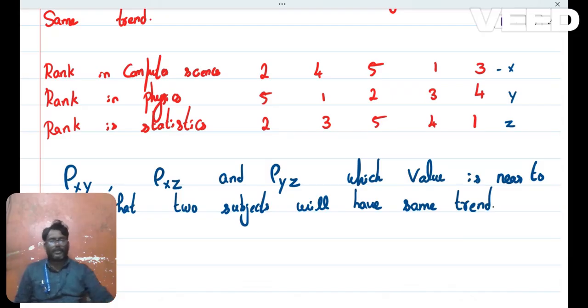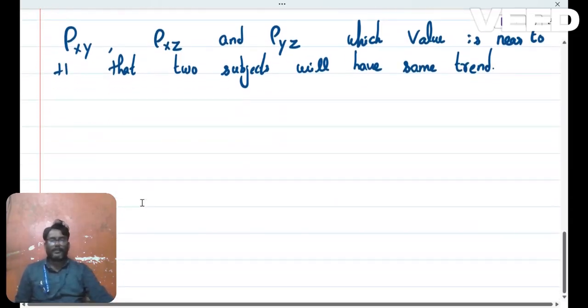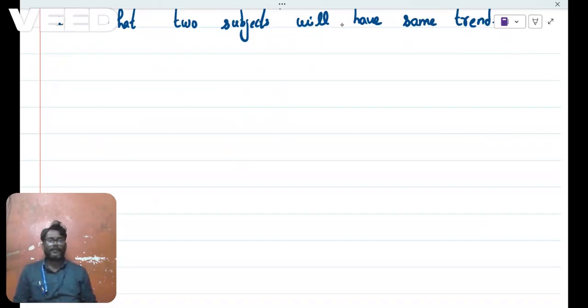Now we'll write it column wise. X denotes the rank in computer science, Y the rank in physics, and Z the rank in statistics. For computer science, you have 2, 4, 5, 1, and 3.